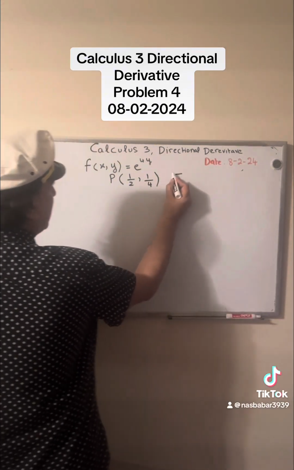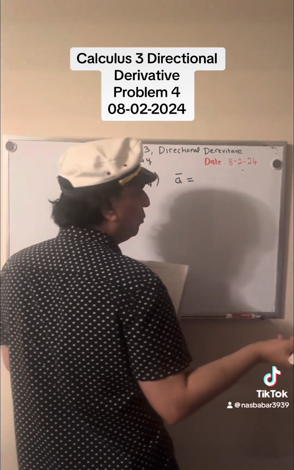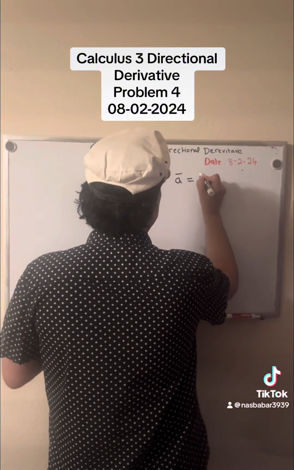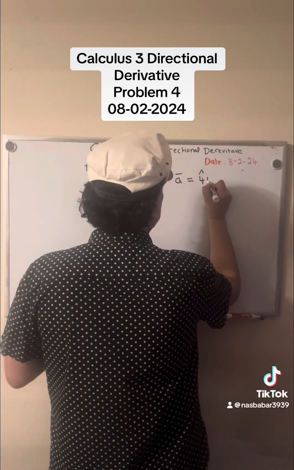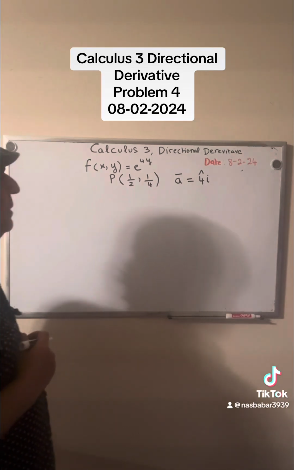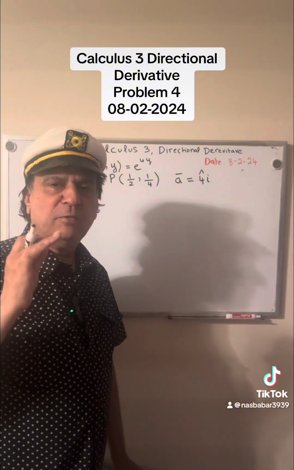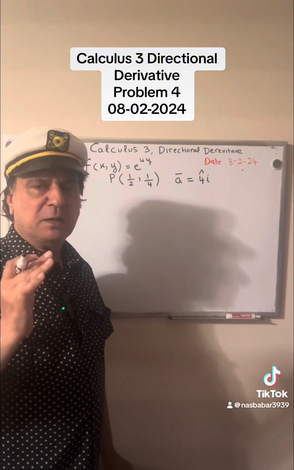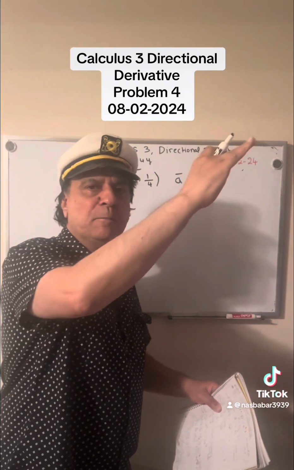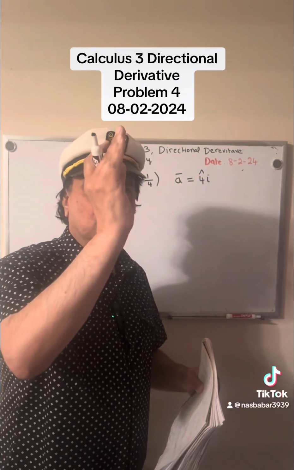I denote this by a bar as a vector, and then every vector has an x component and a y component. So this vector is 4, and I put a hat on it, which denotes a vector i, which is in the x direction. Now remember one thing: vectors have an x component as well as a y component. So when you throw a ball in a parabola shape up in the air, it has an x component and it has a y component also.